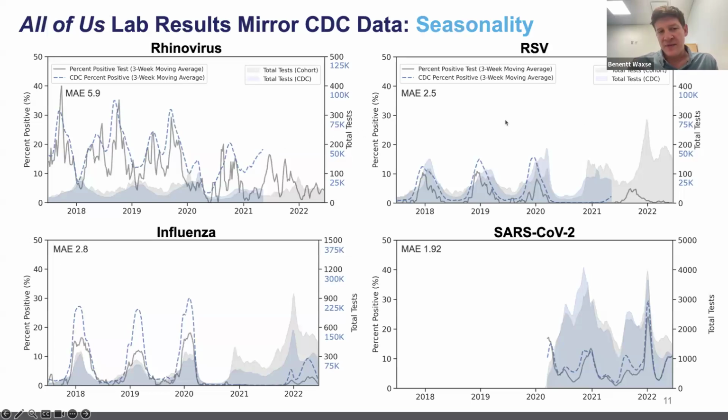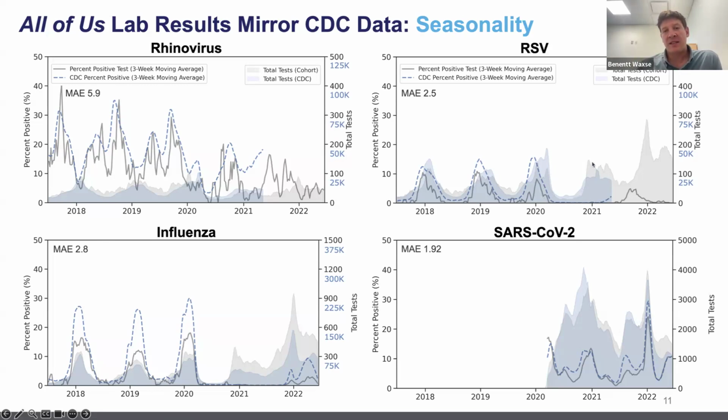So for RSV, for influenza, for SARS-CoV-2, you can see that the test results from All of Us, gray, match CDC quite nicely. And here we can also use the COVID pandemic to ensure that our tests are correct. So after February of 2020, look at the next year.